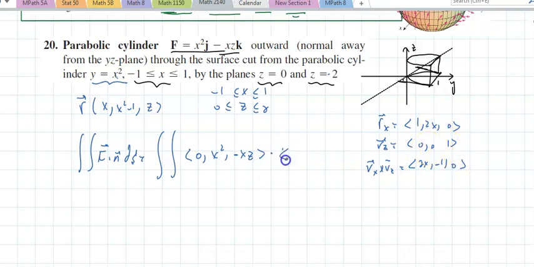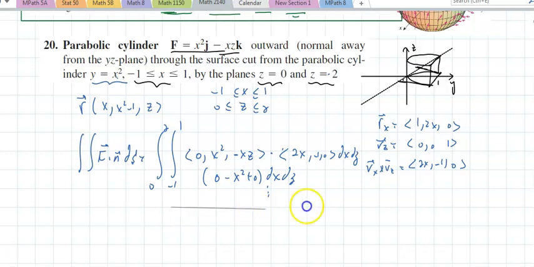So if I dot this with 2x, -1, and a 0, and I run dx dz, let z run from 0 to 2, and x from -1 to 1, that would be the quantity 0 minus x squared plus 0 dx dz, and there it is, you're done. And if you work this out, you should get, I think, 4/3.